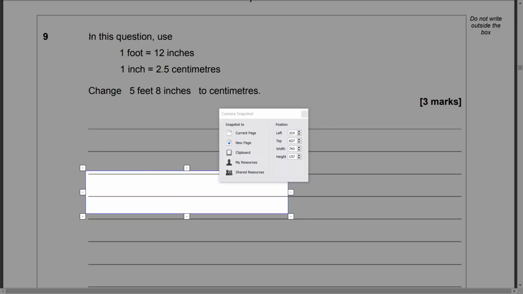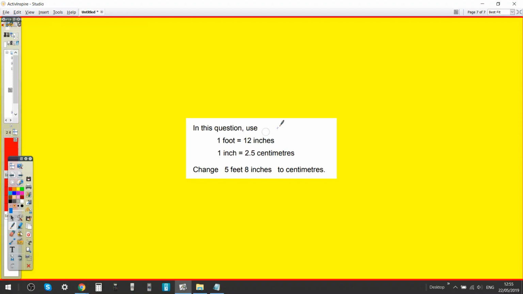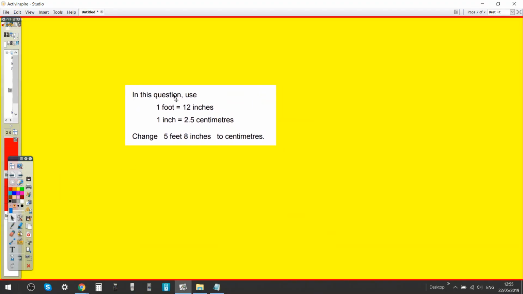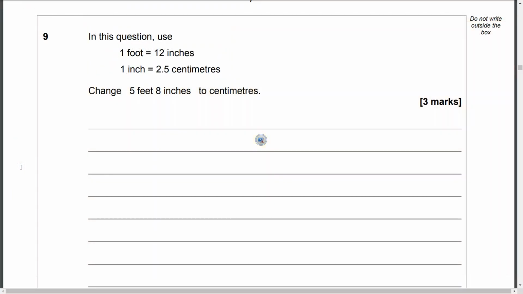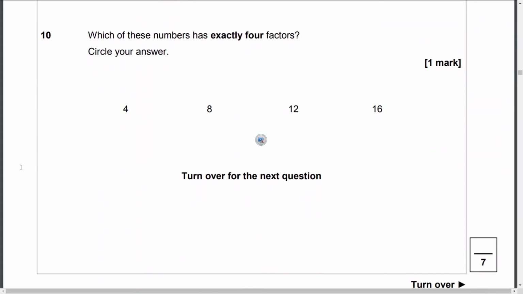So this is definitely a calculator. How do we do this?